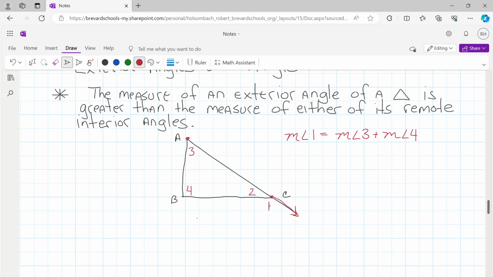So if angle 1 is equal to the sum of angle 3 and angle 4, then the measure of angle 1 is greater than the measure of angle 3, and the measure of angle 1 is greater than the measure of angle 4.